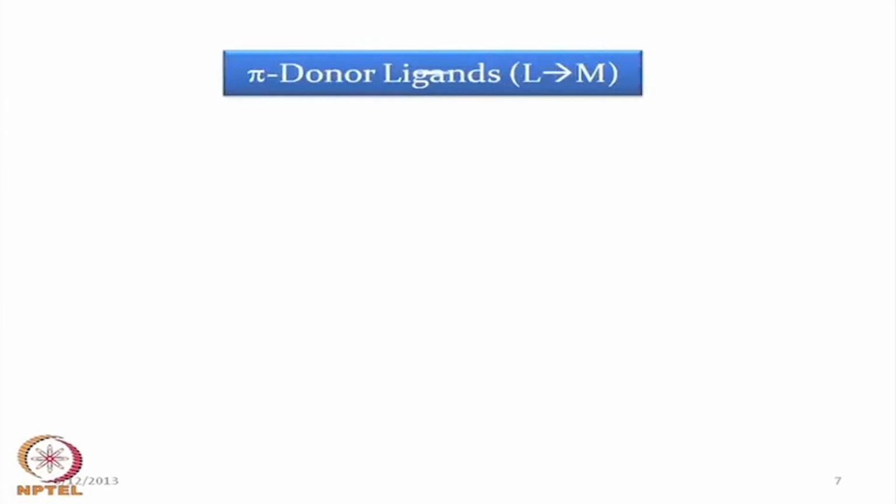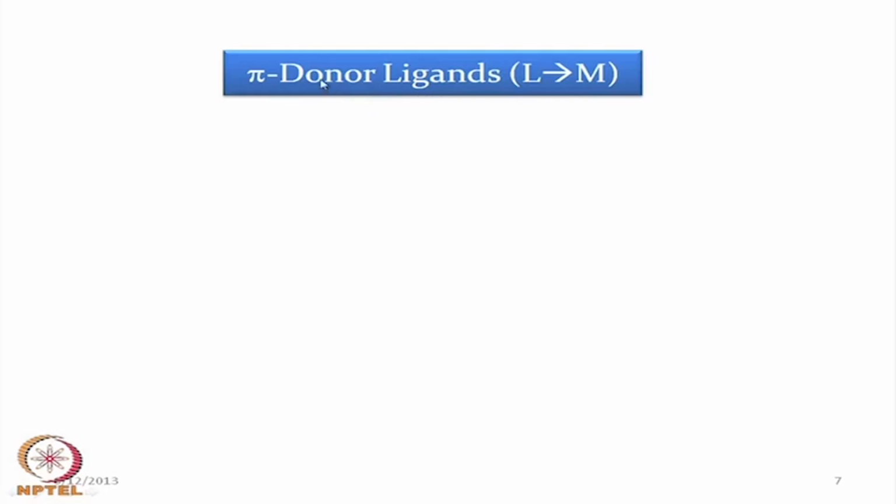So, carbon monoxide is the ligand system where it can accept the electron density from the metal. So, it is behaving as a pi acceptor ligand.